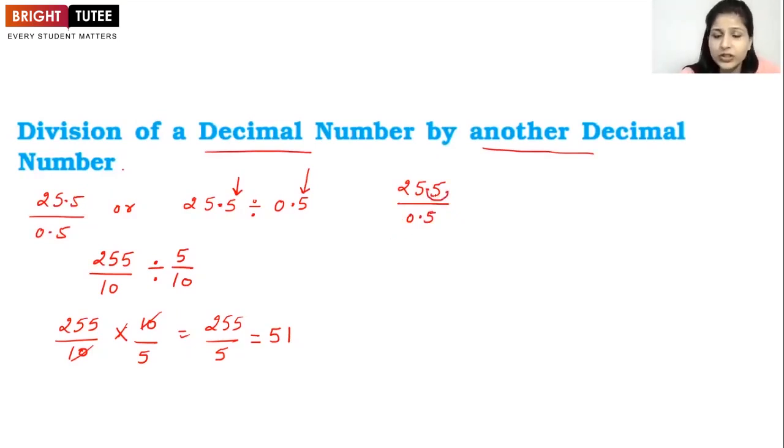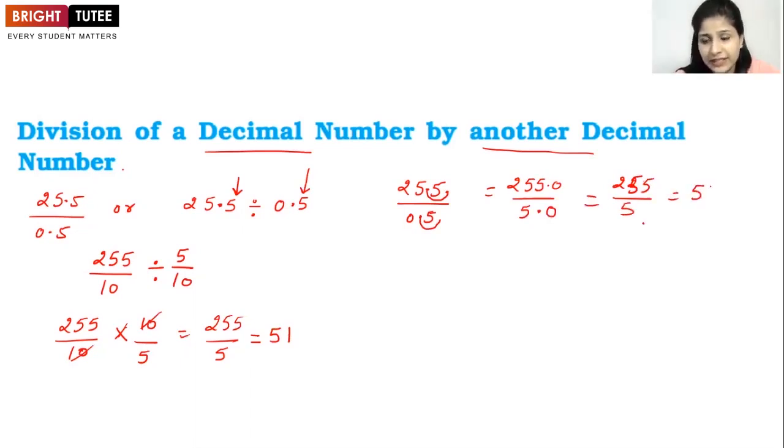Whatever operation you do in the numerator shall be done in the denominator as well. So here also we will be shifting it by one place. So it will become 255.0, which is nothing but 255 only. Similarly, it will become 5.0, that is 5 only. Right? So now we divide them and we get 51 as the answer.